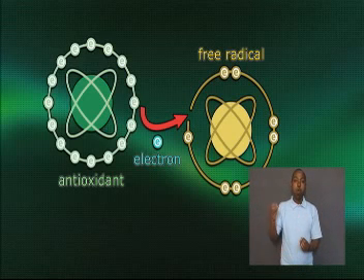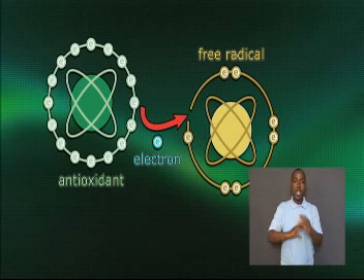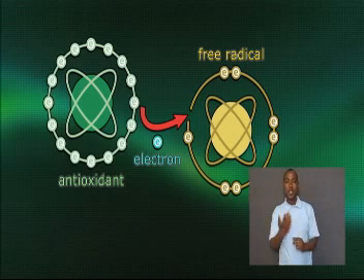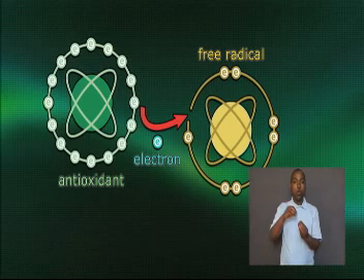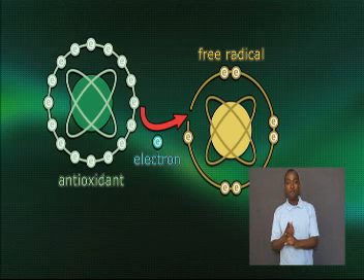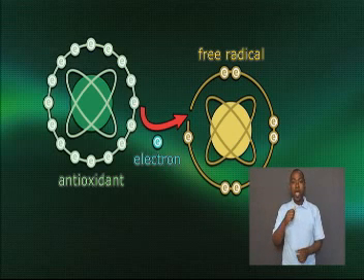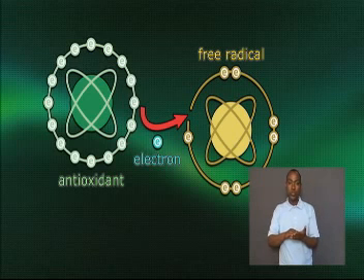Oxidation is a chemical reaction that transfers electrons from a substance to an oxidizing agent. Oxidation reactions can produce free radicals, which are atoms or molecules that can start chain reactions.